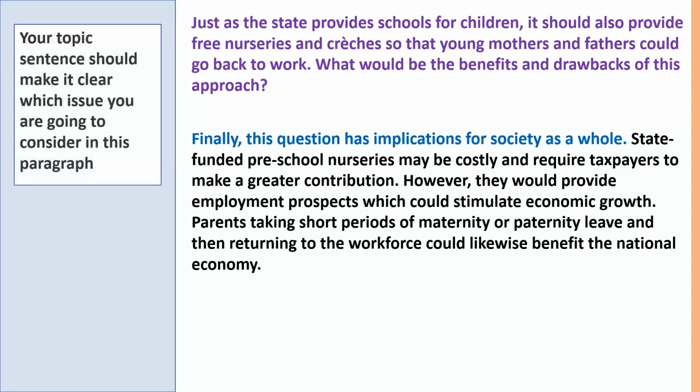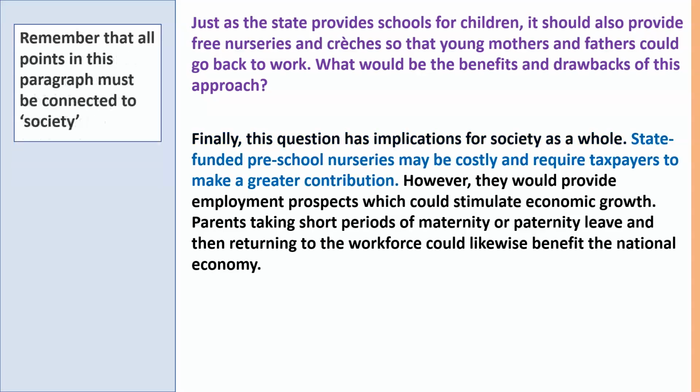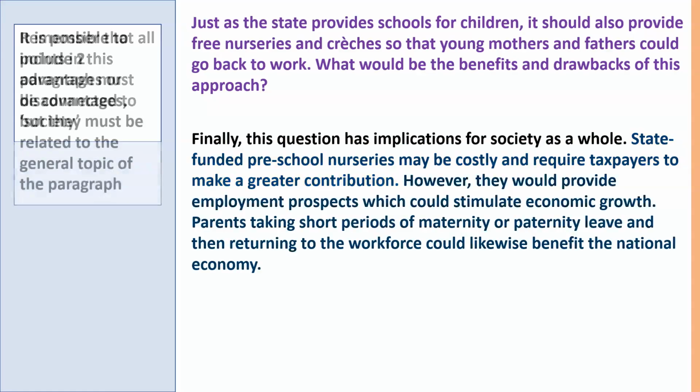And again, the topic sentence makes it clear about the issue, and this is society as a whole. Remember that all points in this paragraph must be connected to society. It's possible to include 2 advantages or 2 disadvantages, but they need to be related to the general topic of the paragraph.